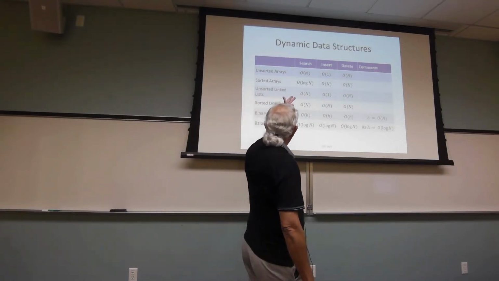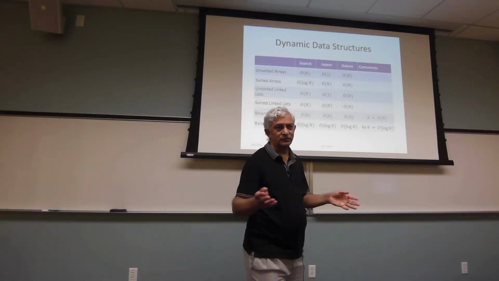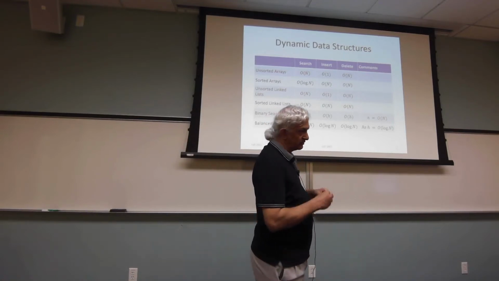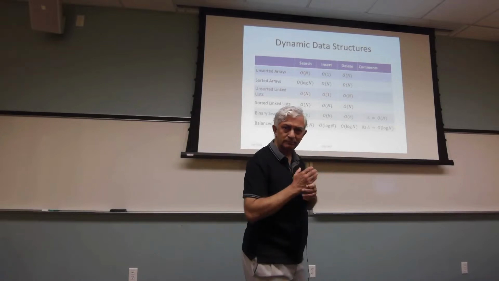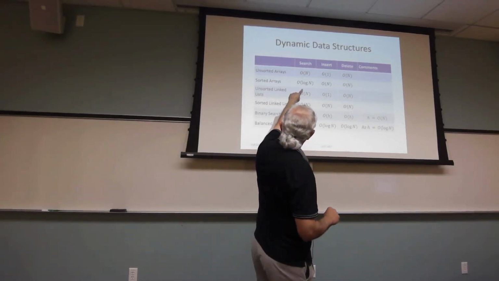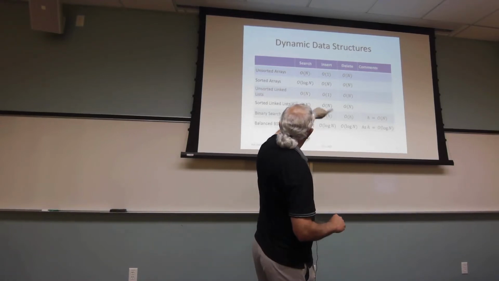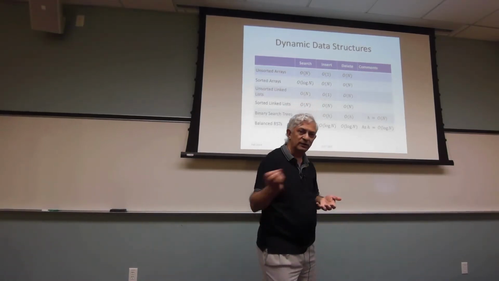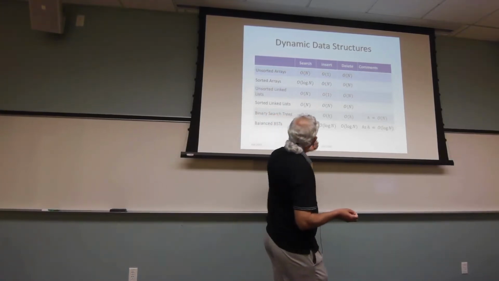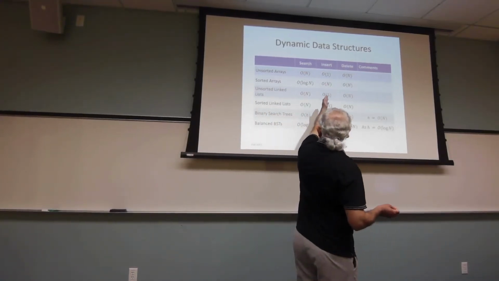In an unsorted array, if you want to search, you have to essentially go through the whole array in the worst case. Whereas with a sorted array, you can do binary search and speed this up. So your search is either n or log n, but in the unsorted array, you can insert quickly because you don't care where it goes. So the insert operation is fast.